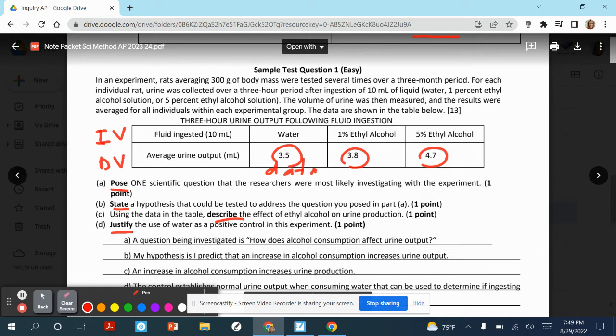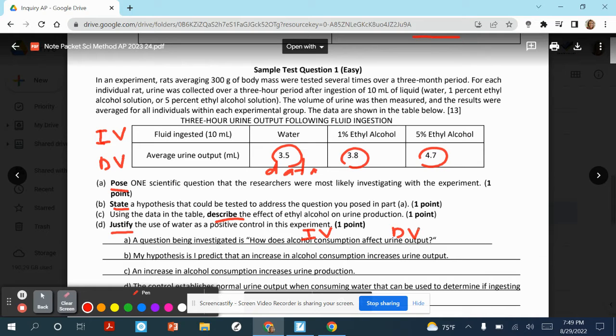So then a grader knows exactly where to go to give me a point for A, for B, and so on. Okay. Now, when you go to write a question, you need to make sure it contains the IV and the DV. So that's why we had to figure that out first when we looked at this experiment. So how does alcohol consumption, right, so there's my IV, affect urine output, which is the DV. And you may have been taught that to write a hypothesis, you need to use an if-then statement, but that's not necessary.